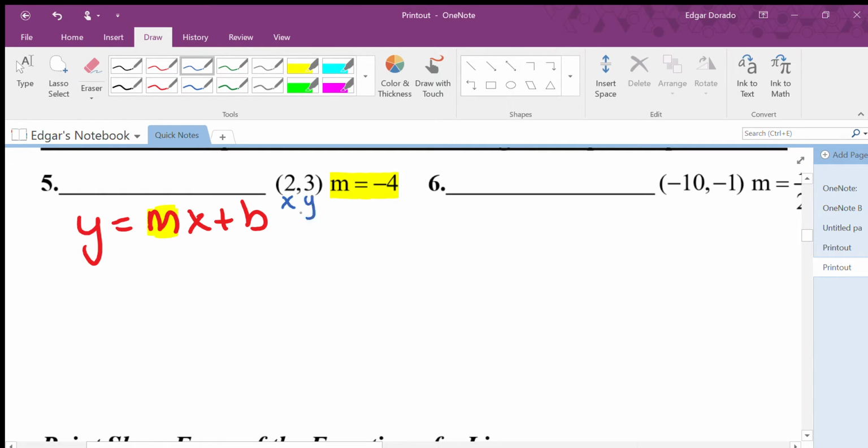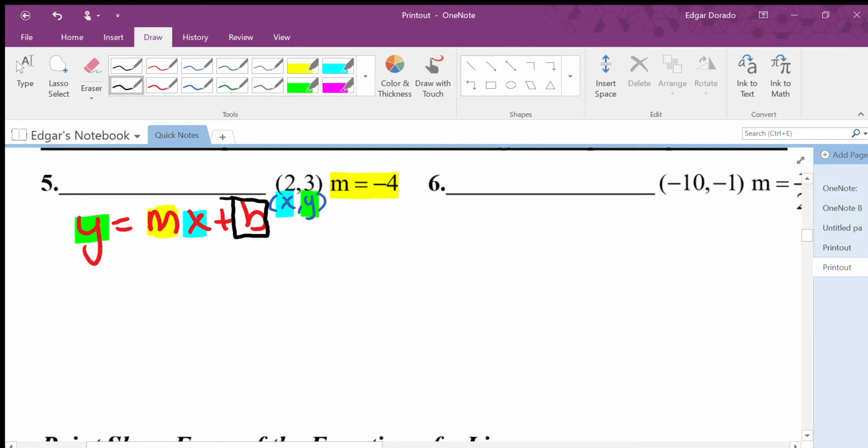This is an ordered pair, which means this is an x and this is a y. Okay, well, how does that help us? Well, it does help us because that means I can plug in this x in here, and I can plug in this y in here. The only thing I would really need to find now is my b value.